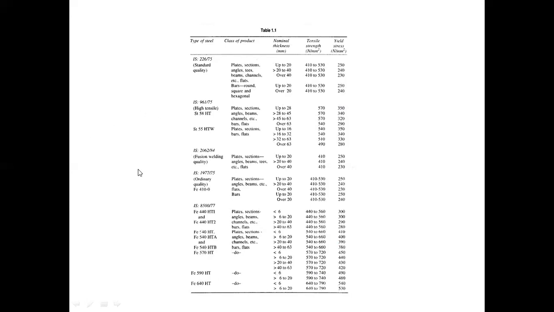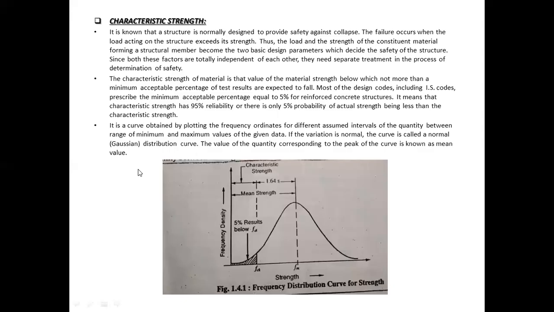Okay, next slide we'll go for characteristic strength. It is known that a structure is normally designed to provide safety against collapse. The failure occurs when the load acting on the structure exceeds its strength. Thus, the load and the strength of the constituent material forming a structural member become the two basic design parameters which decide the safety of the structure.